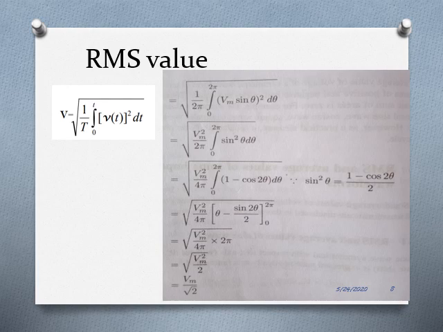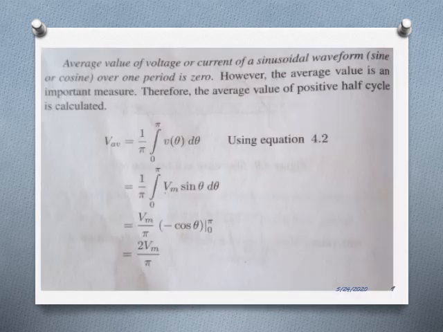Next is average value. The average value of voltage or current of a sinusoidal waveform over one period or one time period or one cycle is 0. So we don't get any useful information out of this.